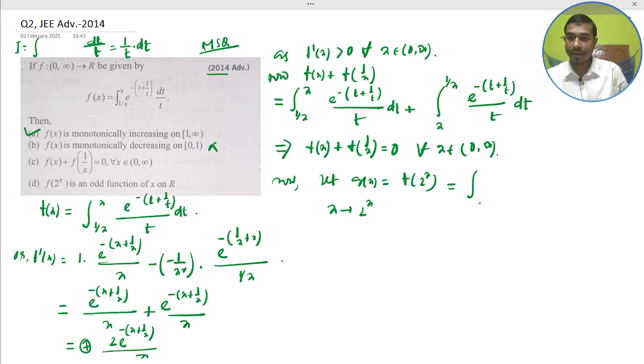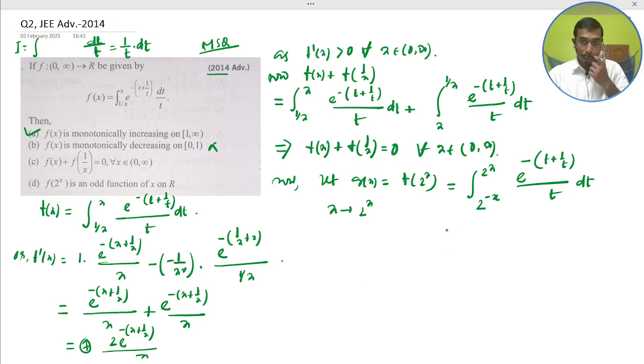So 2 to the power minus x to 2 to the power x. So one thing is that this is a 4 marks question, JEE Advanced. So rigorous calculation should be done here. So 2 to the power minus x to 2 to the power x, and the function would be exponential of minus t plus 1 by t divided by t dt.